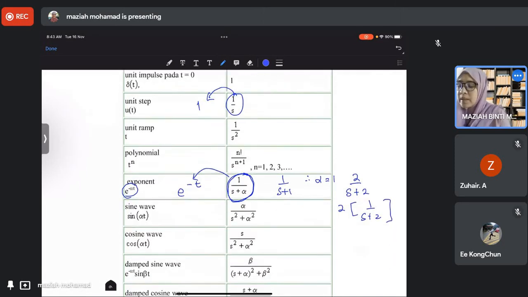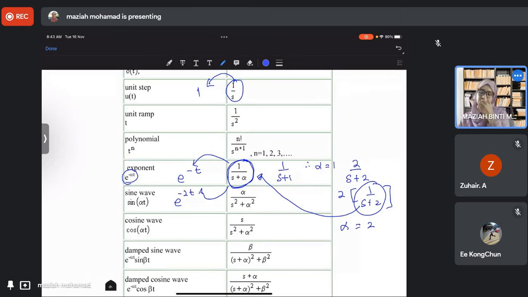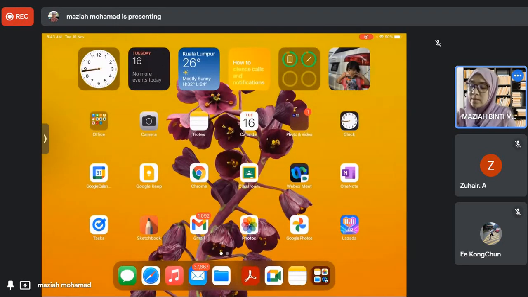Again, we compare this term to the general term there. Therefore, alpha is equal to 2. When we inverse, it will become exponent negative 2t.